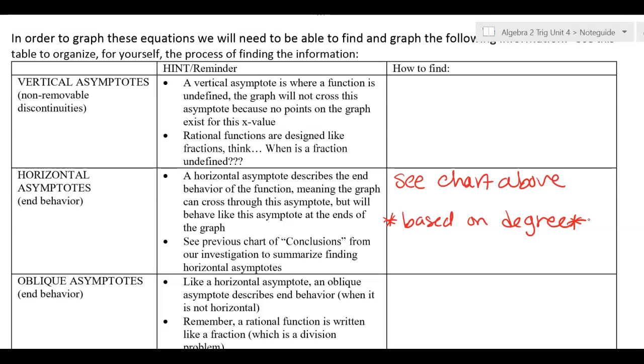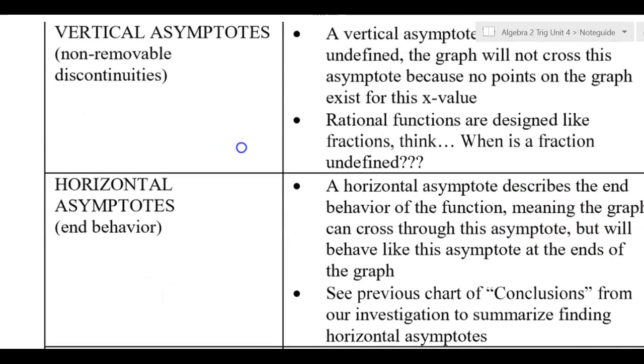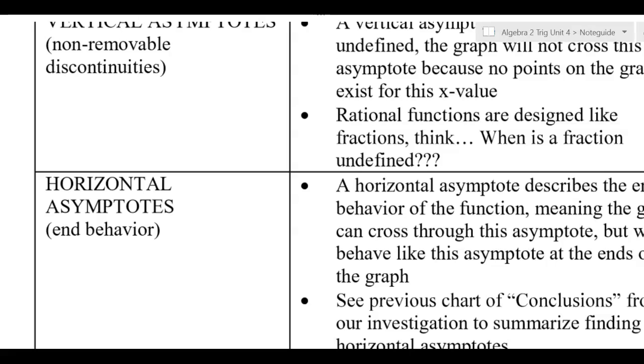So horizontal asymptotes are complicated. We have to analyze the degree very deeply to understand which category we're in. And then notice I gave you guys keywords here. Horizontal asymptotes are for end behavior, meaning can I cross them? Yes, they are only there to guide the ends of my graph, okay?